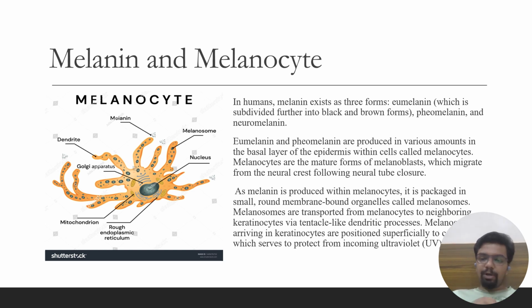The melanin is produced within the melanocyte. It's packaged in small round membrane-bound organelles called melanosomes. The melanosomes are transported from melanocytes to the neighboring keratinocytes via tentacle-like dendritic processes. Basically, the melanocytes have finger-like or tentacle-like dendritic processes, and this helps the melanocyte transport the melanin package to the keratinocyte cell.